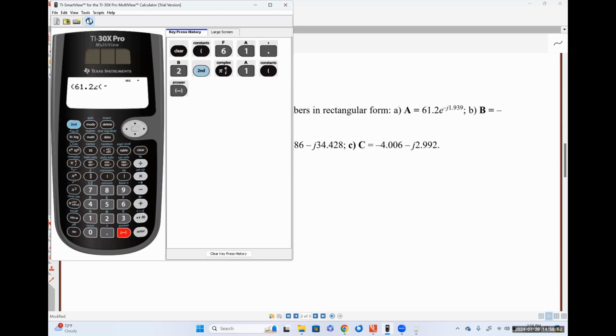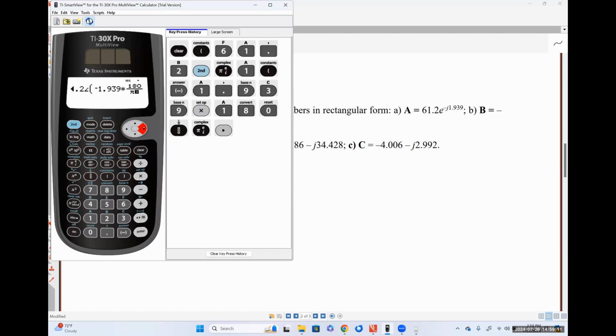So we do negative 1.939, and then I'm going to multiply that by 180 over pi. That's converting that angle that was in radians into degrees. And move my cursor over, close parentheses, and then because this calculator is set up to give me the answer in polar form, I'm going to tell it to convert by pressing second pi and then option 5.